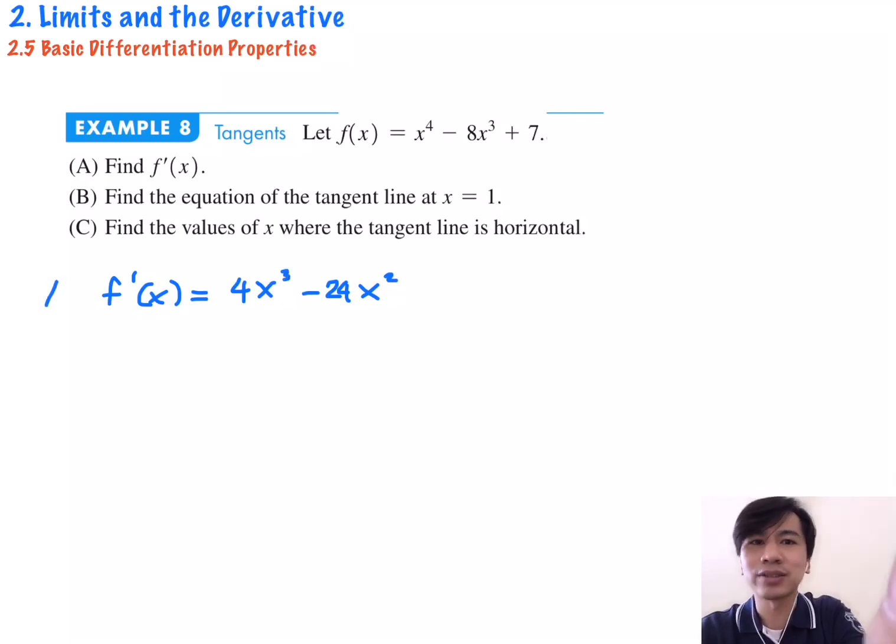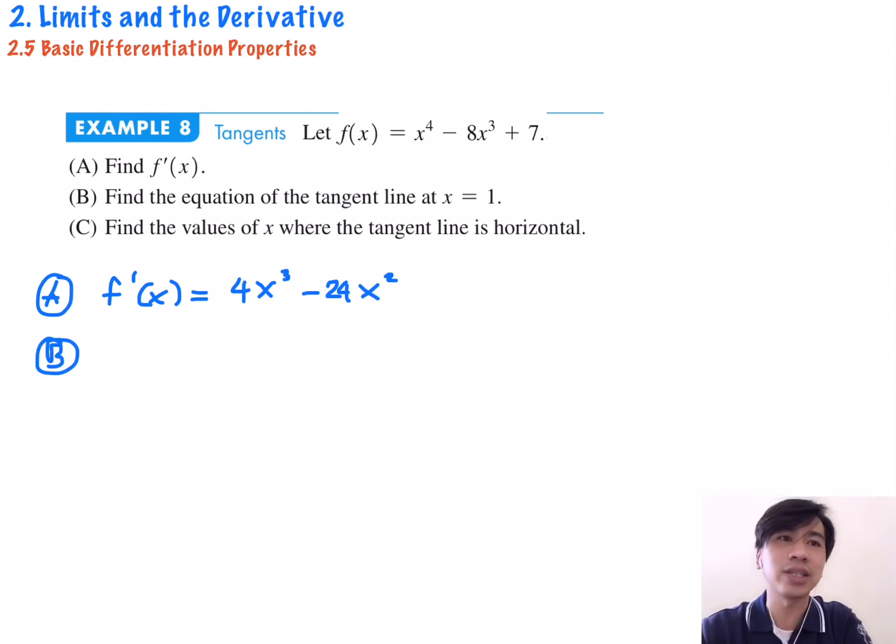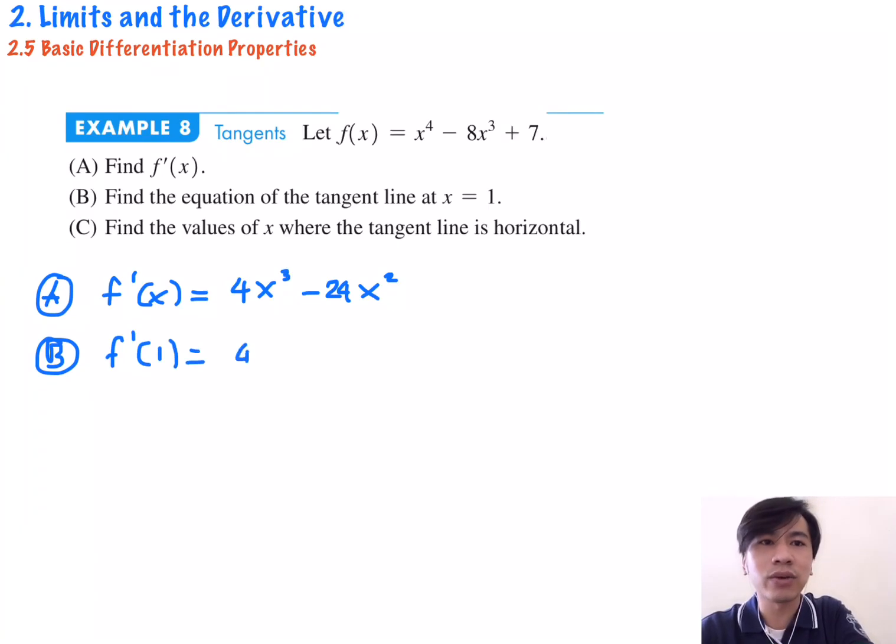Okay, this is f prime of x. b, find the equation of the tangent line at x equal to 1. So f prime of 1, then we get 4 minus 24, that will be negative 20.